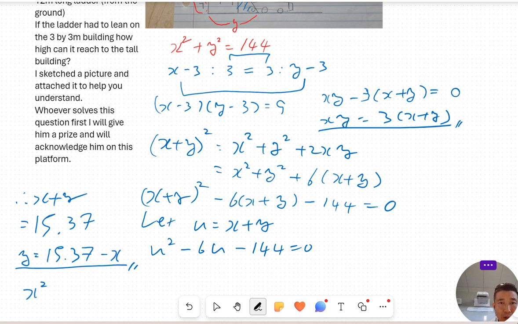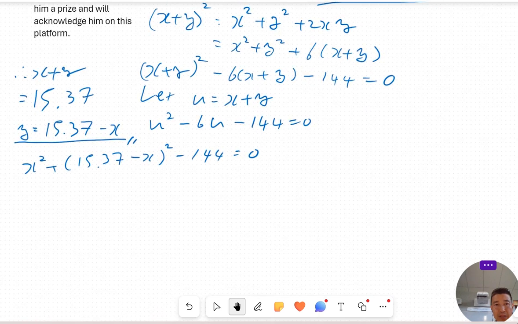So x squared plus (15.37 minus x) squared minus 144 equals 0. So we are finding this x from this quadratic equation again. So x squared plus, I'm going to expand this.